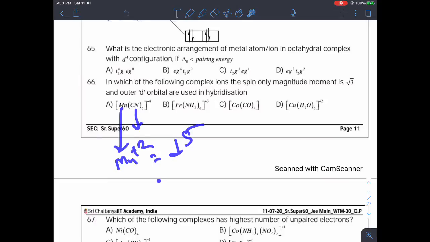So d5, that means pairing space is there, 1 2 3 4 5. So it will pair up. We will have one unpaired, but it will pair up, so we will get two vacant orbitals, so it will basically be d2sp3.